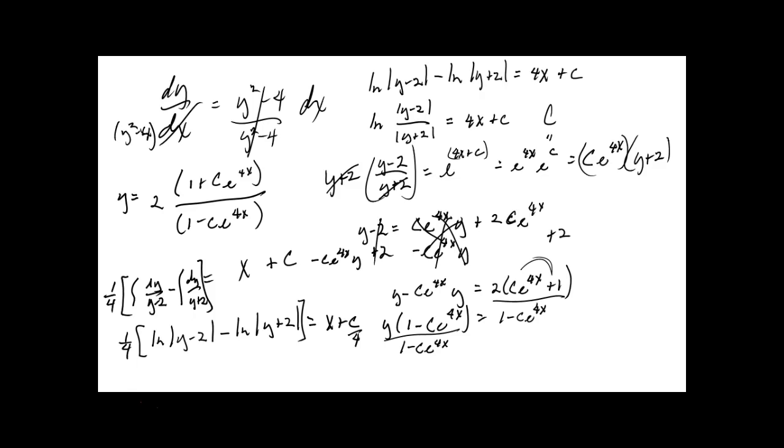But what their point was, you can get your y is equal to 2, which is, from an autonomous point of view, an equilibrium solution, which is okay. But from this answer, you can get y equal to plus 2. You can't get y is equal to minus 2. No way you can manipulate that to give you a minus 2.